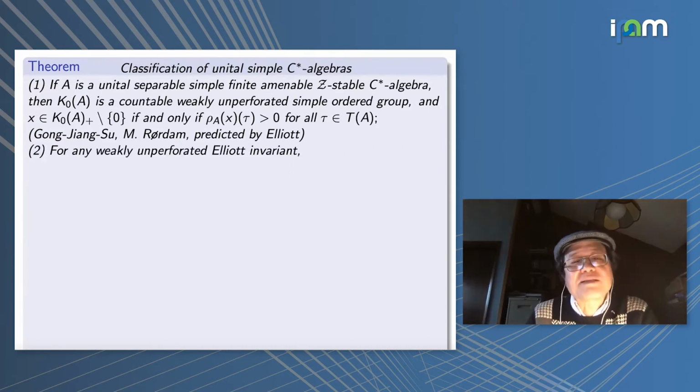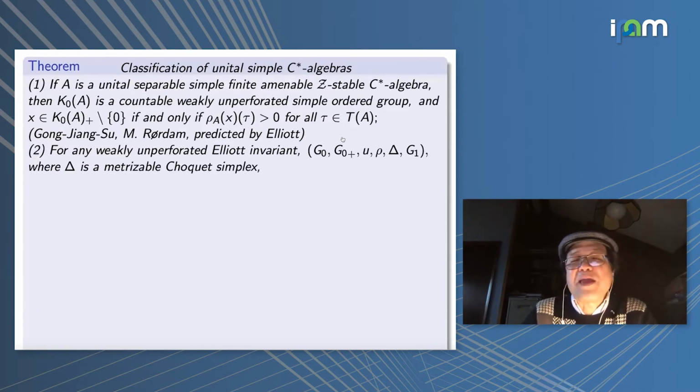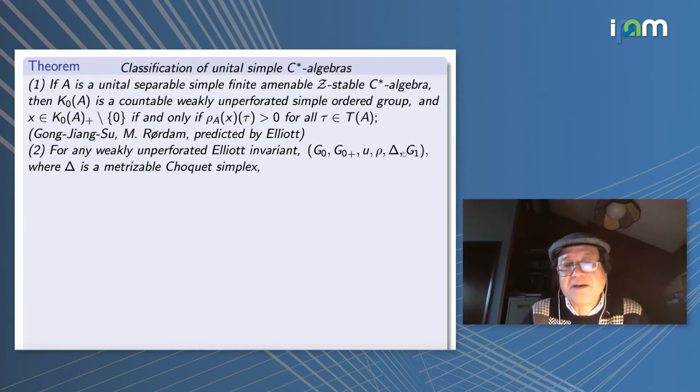The second part: once you have the description of the invariant, then you want every invariant to be hit. So for any weakly unperforated Elliott invariant, this is a six-tuple. As I mentioned, you don't really need the G0, but I put it here to emphasize this, and we'll see later on that you actually need it.